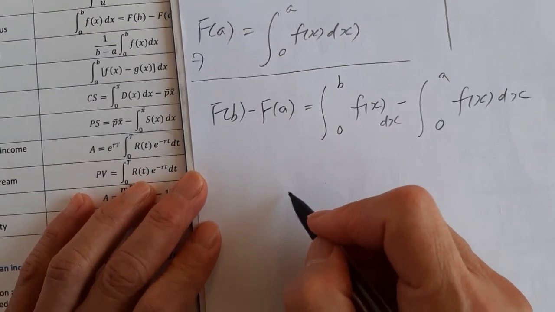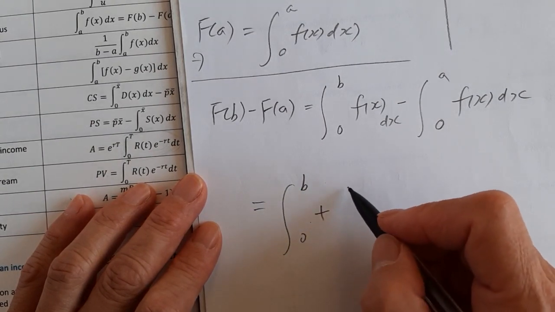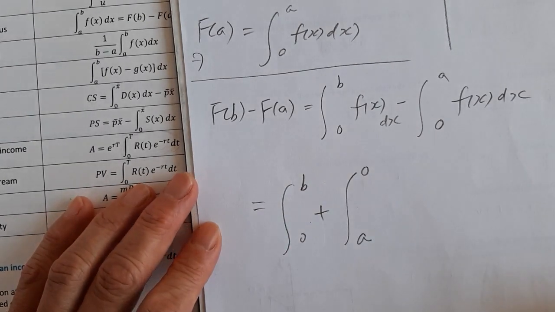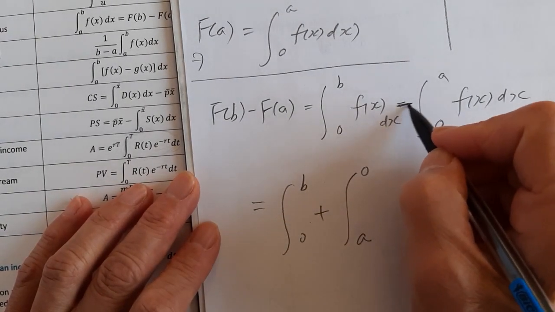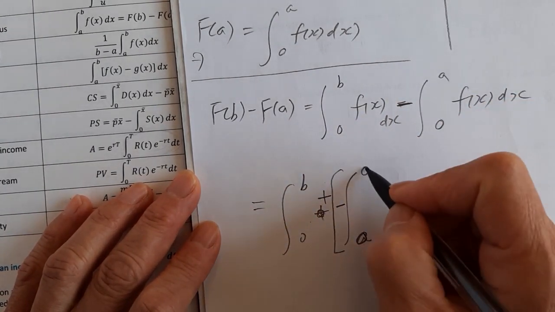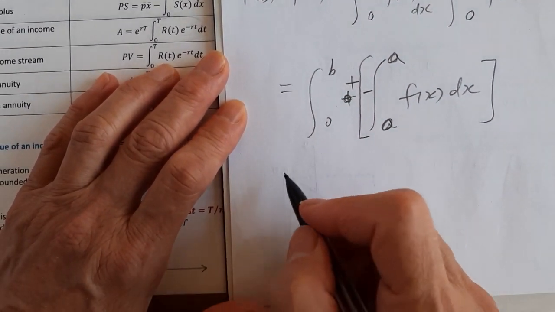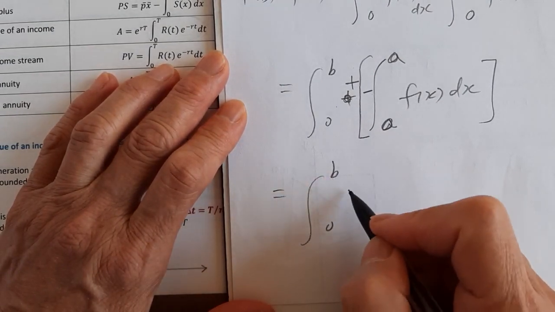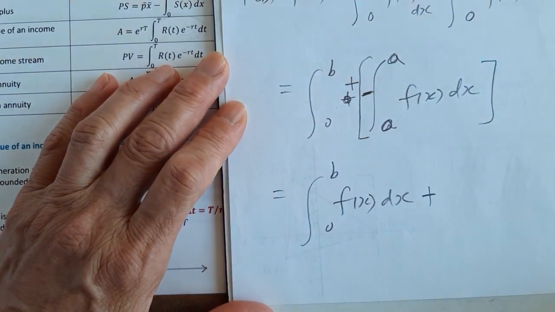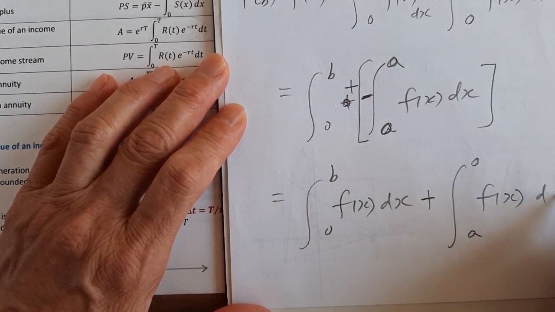And this is equal to the integral from 0 to b plus the integral from a to 0, because the negative flips the limits.